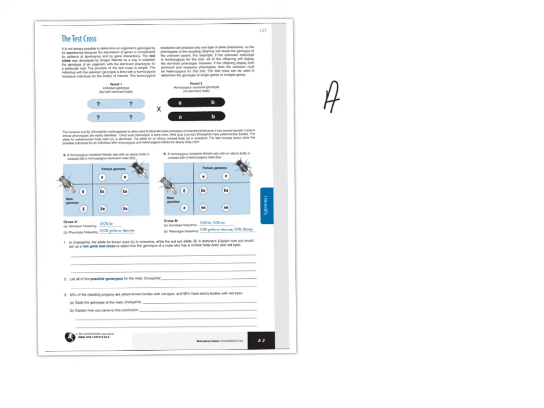What does that mean? That person has an A something. We know A is dominant, so we don't know what the second gene is. We don't know unless we do DNA, some kind of molecular work, and actually sequence the gene. We won't know what allele they have there.